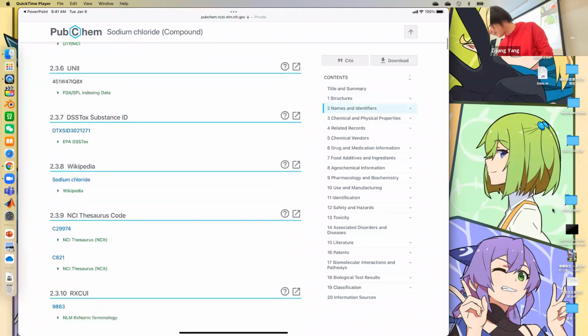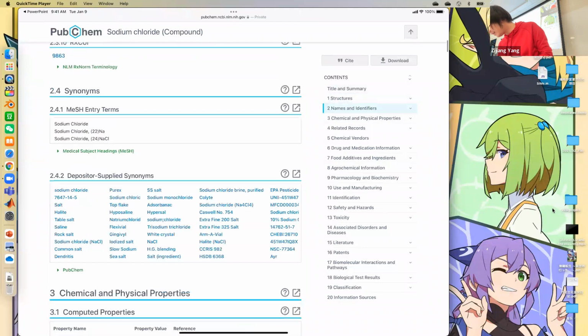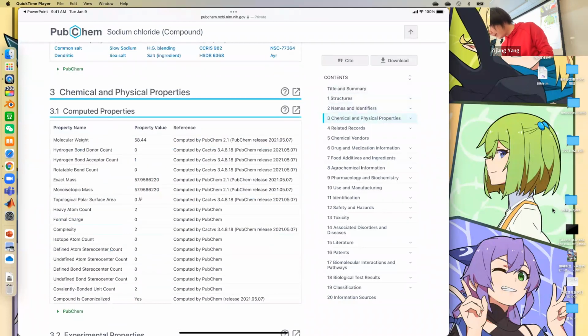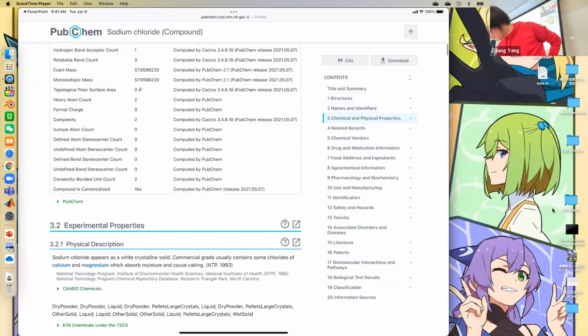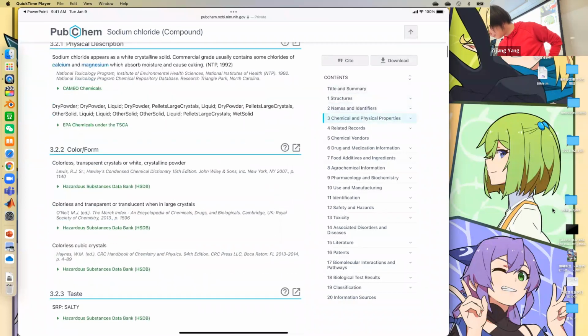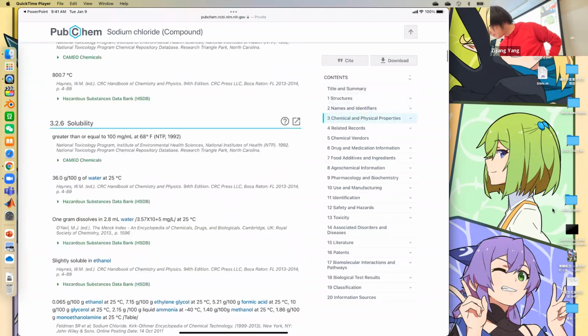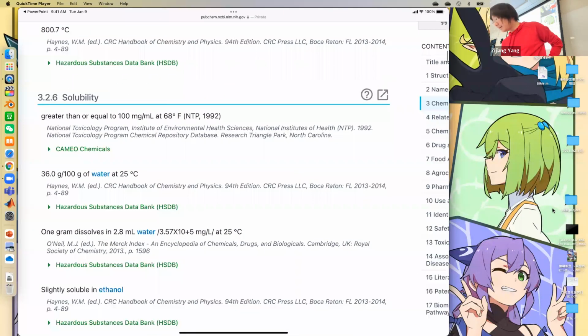Okay. What's the solubility? Oh, I cannot use control plus F to find the value. It's right under 3. Yeah, you're in the right category. A little lower. So, oh yeah, solubility. 36 grams. Oh yeah.